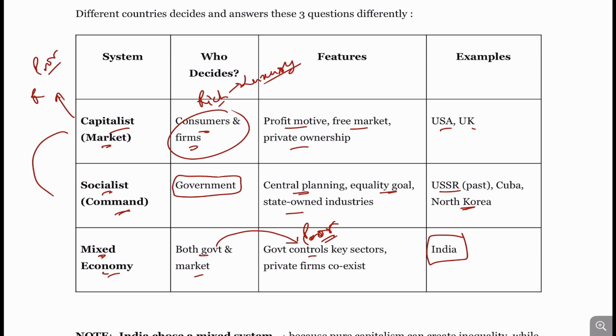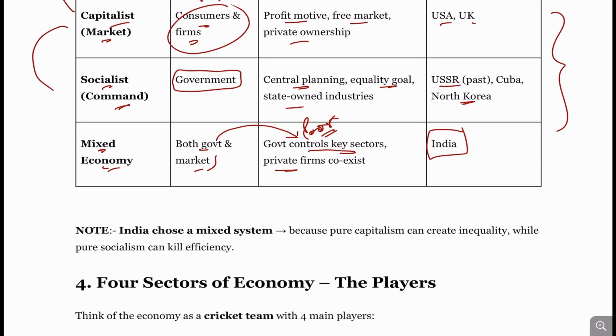So government controls key sectors of the economy which can cater to the needs of the poor. While in the market, private firms also exist, and private firms can cater to the needs of the rich class. So these are the different types of economic systems currently existing in the world.